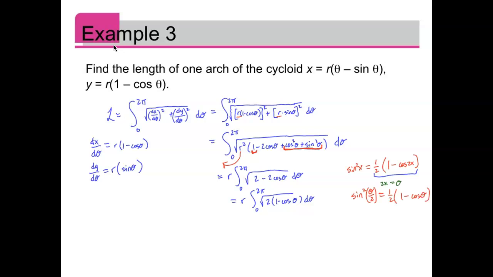And if I multiply over the 2, I have 2 sine squared of theta over 2 equals 1 minus cosine of theta. Now I'm ready to make that substitution. I can replace 1 minus cosine of theta here with 2 sine squared theta over 2 based on that trig identity.